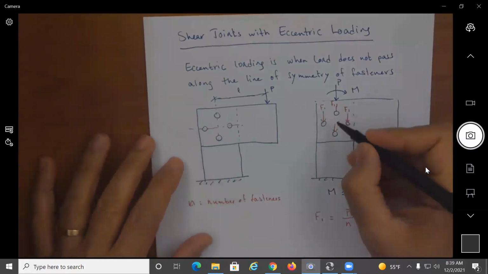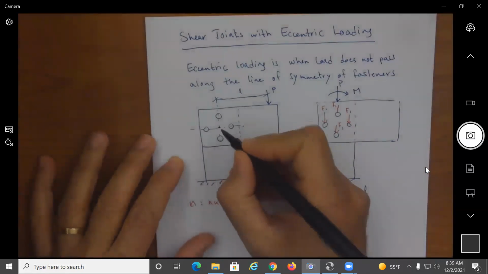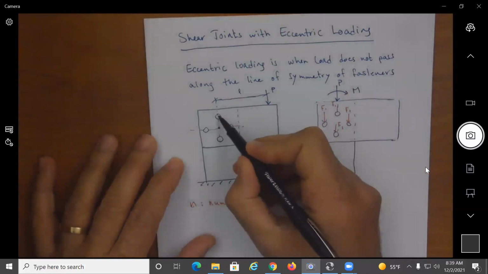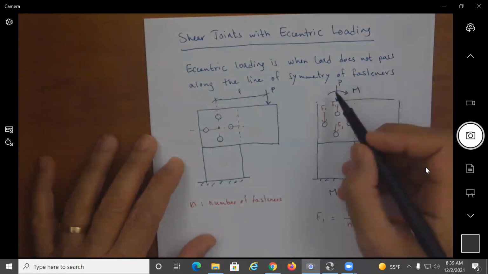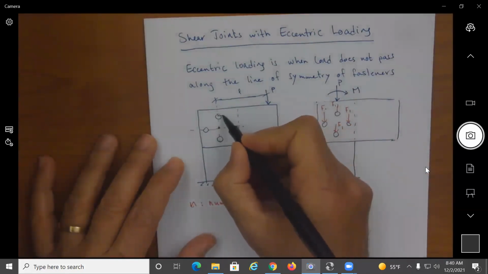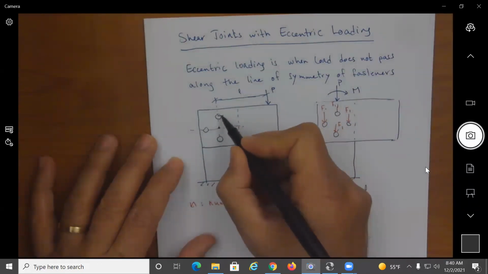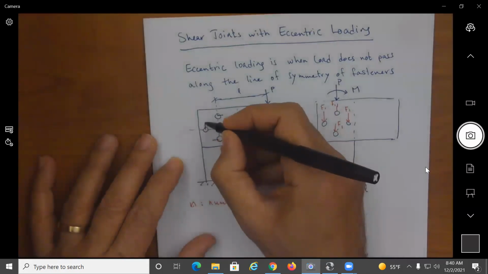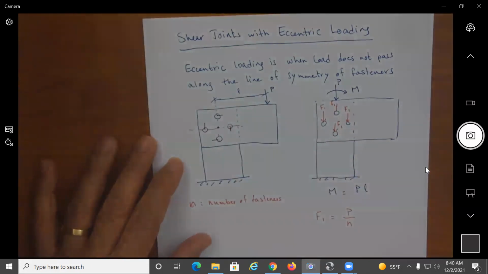If I know the centroid of this connection, which is here, and I draw a perpendicular, this is going to try to move in this direction, this in this direction, and this in this direction. So this is how the fasteners are trying to be sheared.